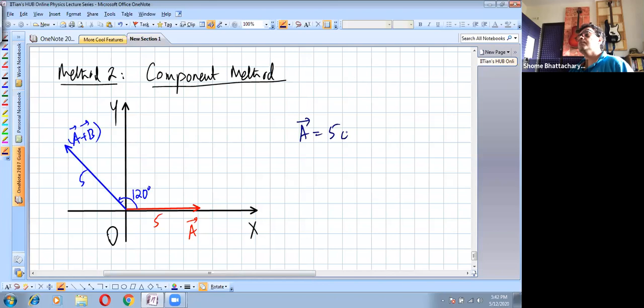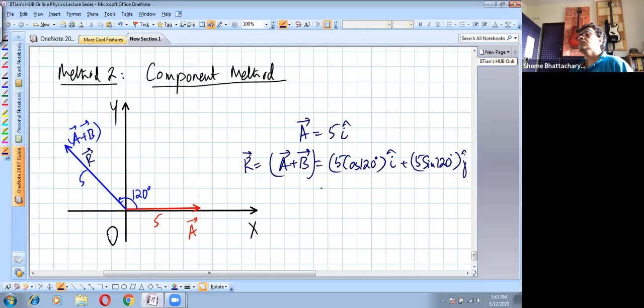So when we write this information in components, it becomes like this: the vector A is 5 i cap. The vector B is 5 cos 120 i cap plus, sorry, not B, but A plus B, the resultant vector, that is this one. So that is 5 cos 120 i cap plus 5 sin 120 j cap.